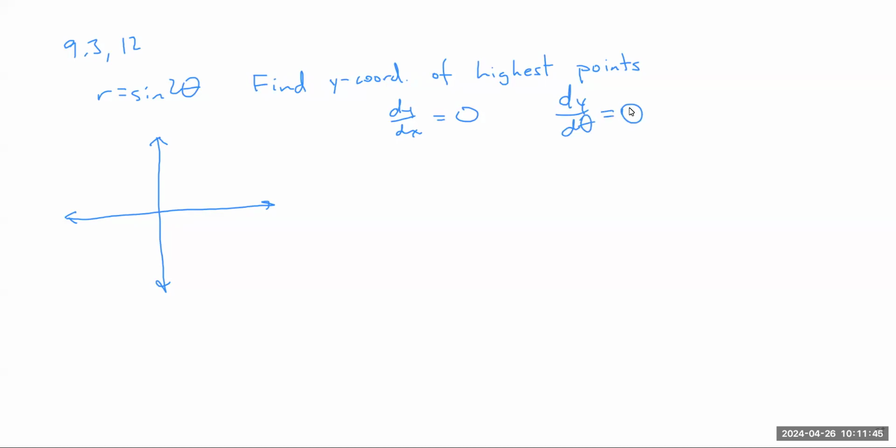So how could I find dy d theta based on this function? I'm not giving you y, but let me get it. How is y related to things in polar coordinates? Right, so this point right here, I can represent in two ways, r theta or xy.